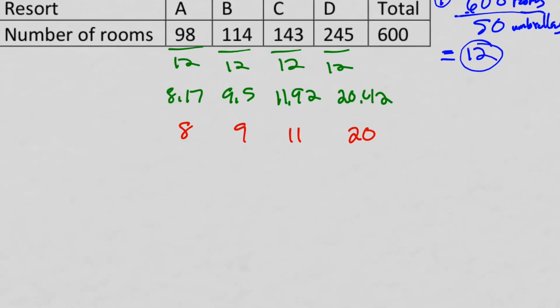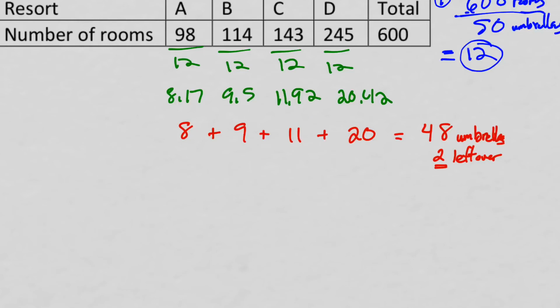Now hopefully this adds up to 50 umbrellas, but let's see. So adding these up, we're going to get 48 umbrellas. And that means out of 50 we have 2 left over.